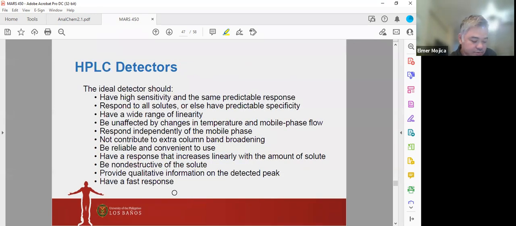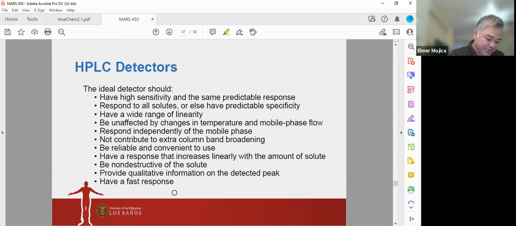Now, detectors. Everything, we could say, differs on the detectors. So we have this definition of the ideal detector. An ideal detector should have high sensitivity and a predictable response.